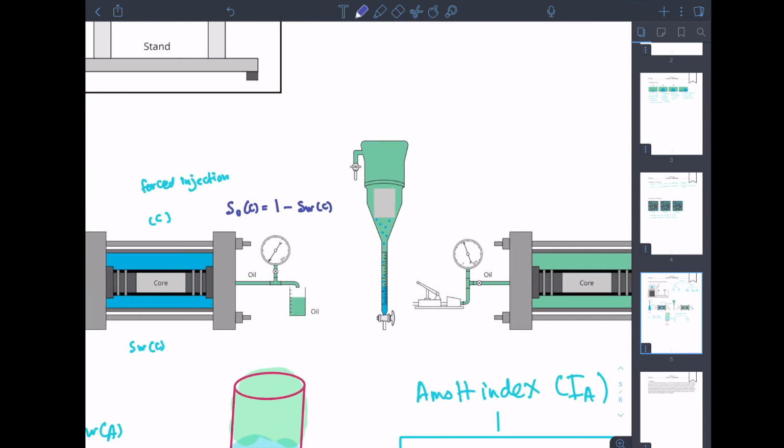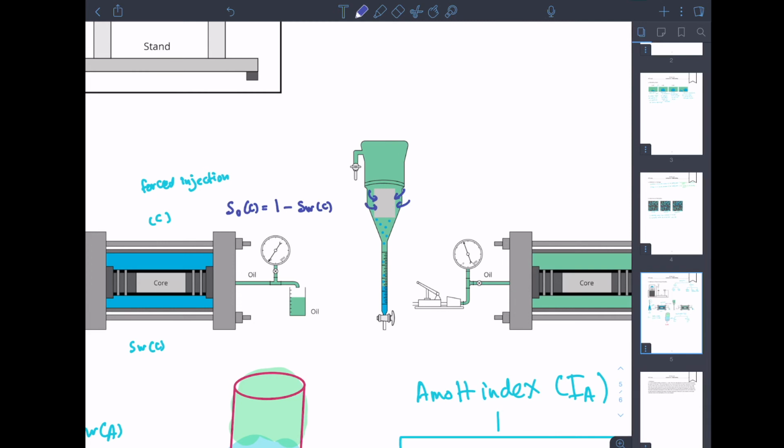In a similar fashion, we take the core sample we just finished with from point C and place it inside the same Amott cell, but instead of surrounding the core sample with water, we surround it with oil, as you can see over here. Now we invert the Amott cell because of the density difference. If the rock likes the oil, it will absorb the oil and expel the water out.